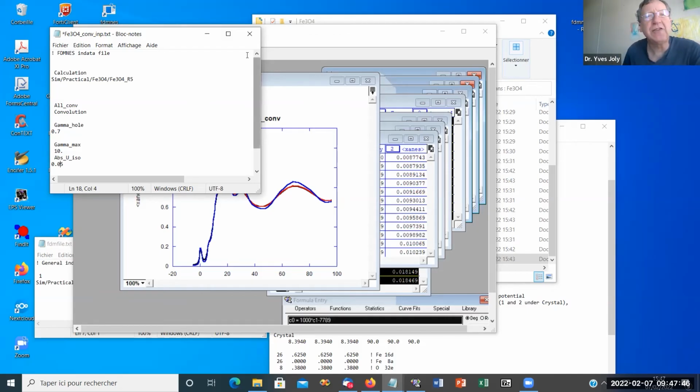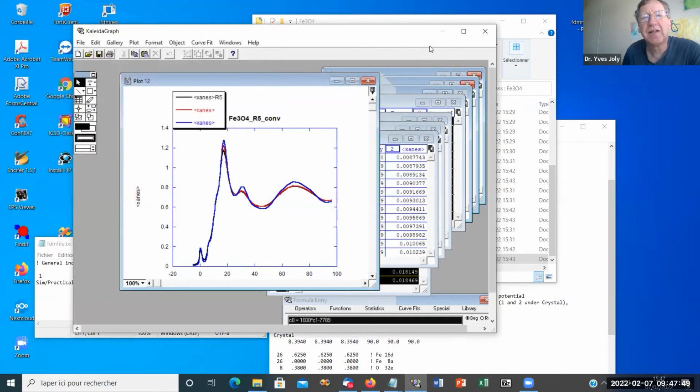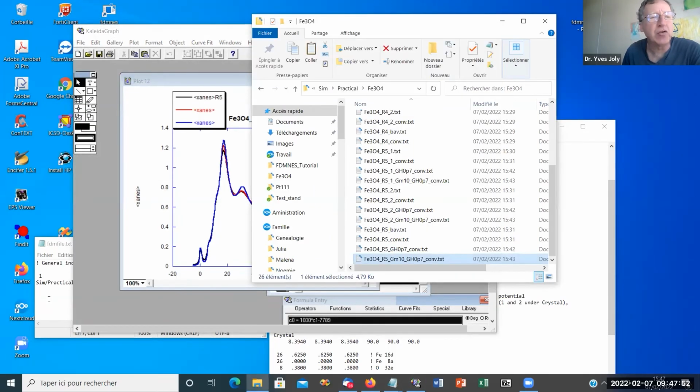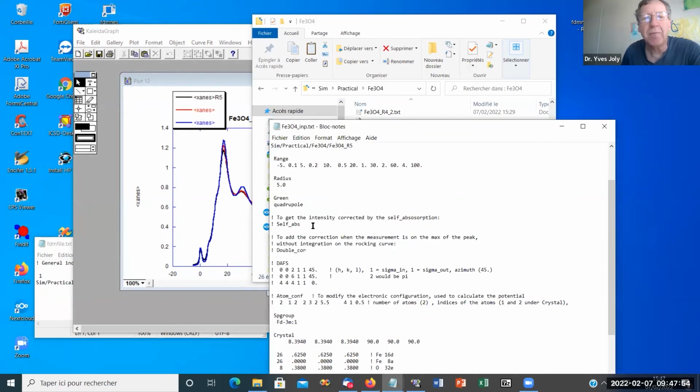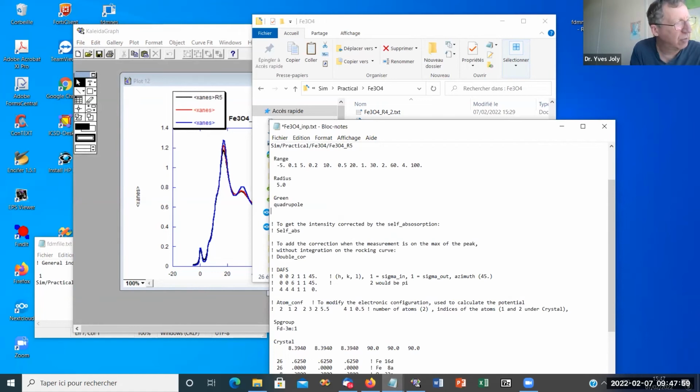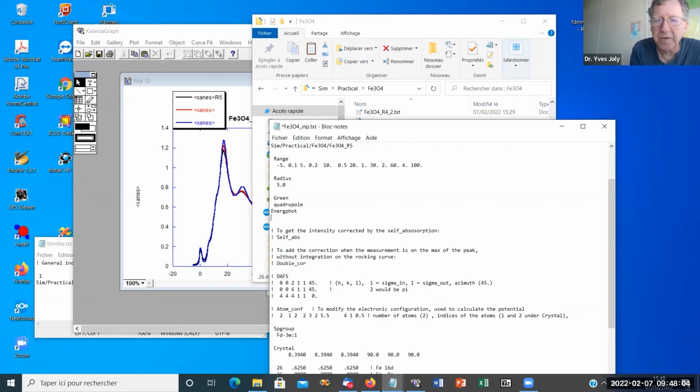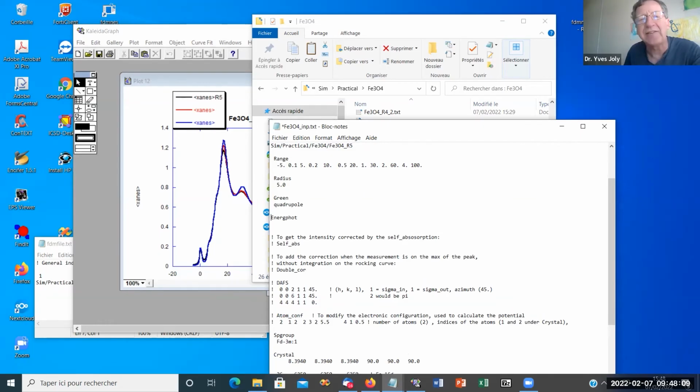So first, in your data file, it could be in the convoluted part only, but if you add the keyword, I think it's energphot, the edge energy is added to the result. I'm not absolutely sure it's energphot, but I think it's that. A little doubt. It's energph. Yes, I think it is.